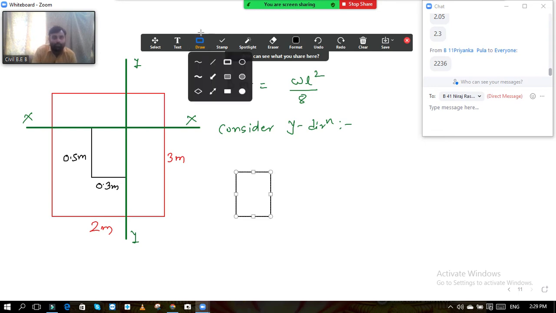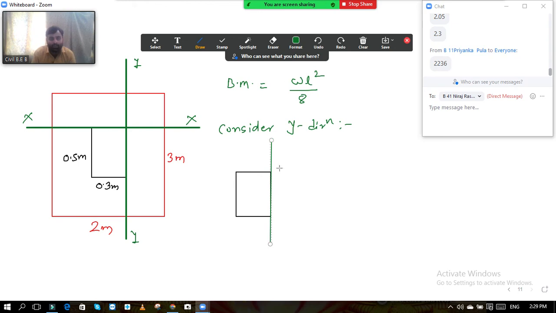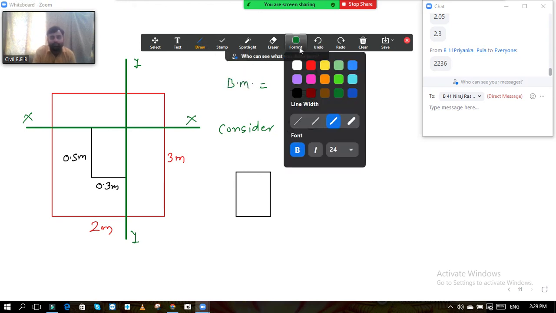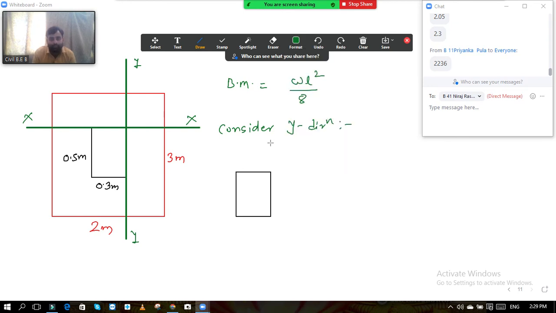After the column this strip is there, and the axis is there. So we will draw the axis first. This is the axis YY.